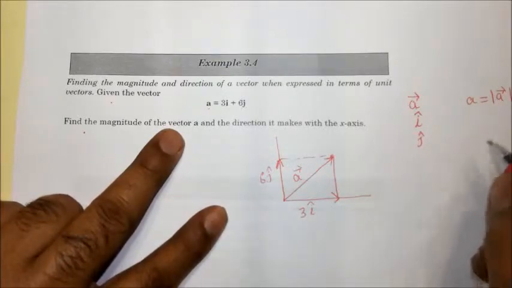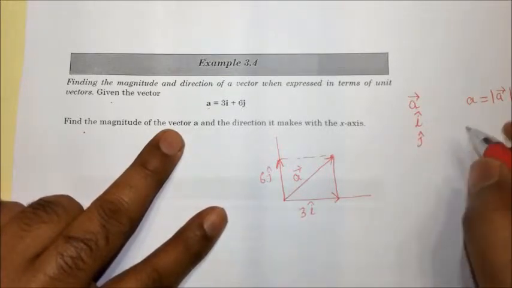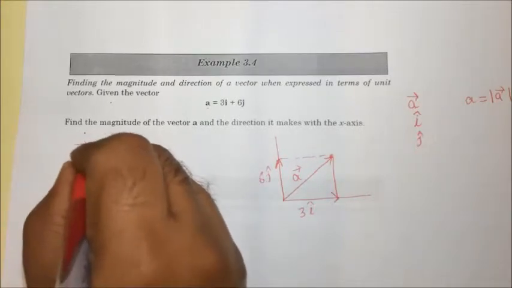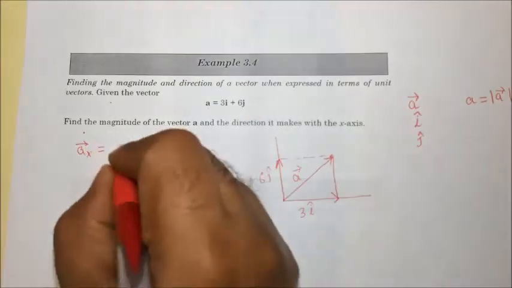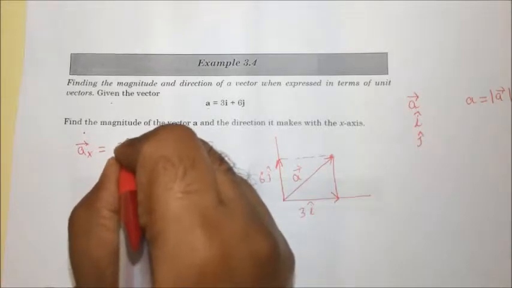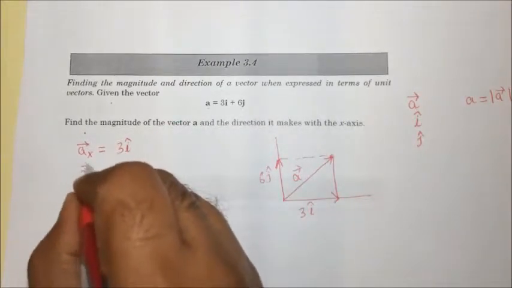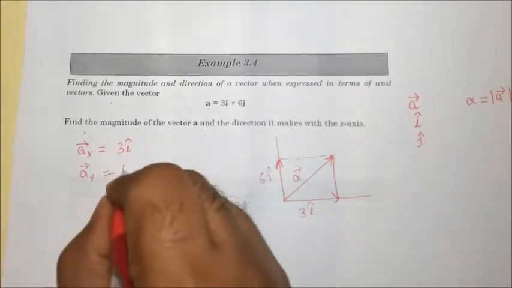In other words, x component of vector A is 3I, y component of vector A is 6J.